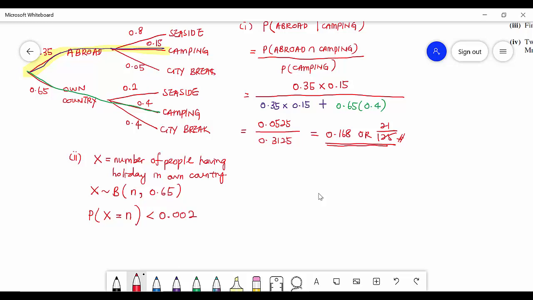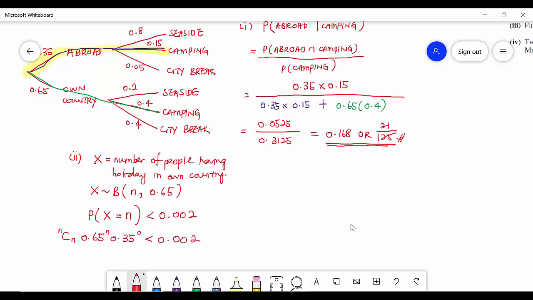So what is the formula for binomial distribution when x equals n? You have nCr, in this case nCn, then 0.65 power n and 0.35 power 0, smaller than 0.002.